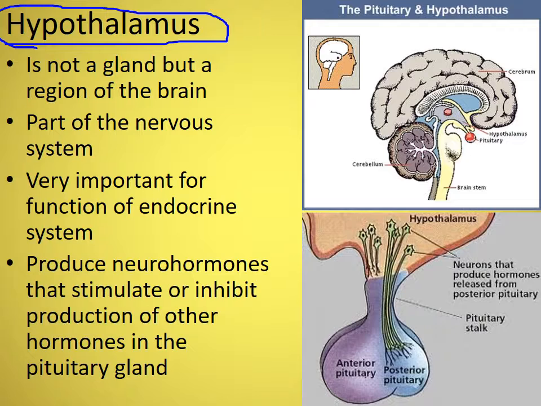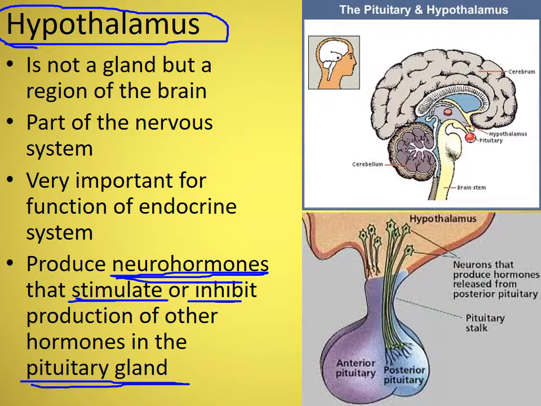Because we're talking about the endocrine system, the hypothalamus can send out a specific hormone that will act on specific endocrine glands, and those endocrine glands will then secrete hormone to stimulate a response or an effect. The hypothalamus produces neurohormones, which are responsible for the stimulation or the inhibition of other hormones.